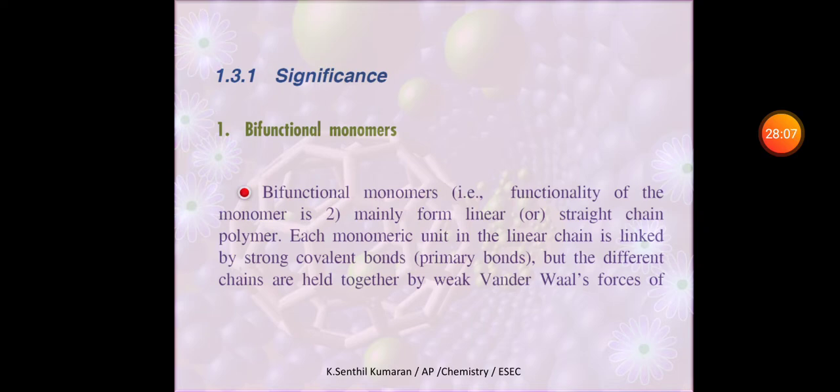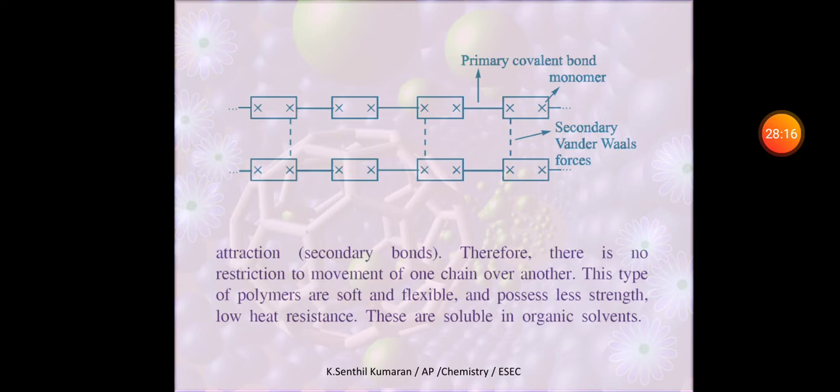This weak force was discovered by the scientist van der Waals, so we call them van der Waals forces of attraction. You can see this picture diagram. The cross mark represents the carbon atoms, that means a bifunctional monomeric unit.